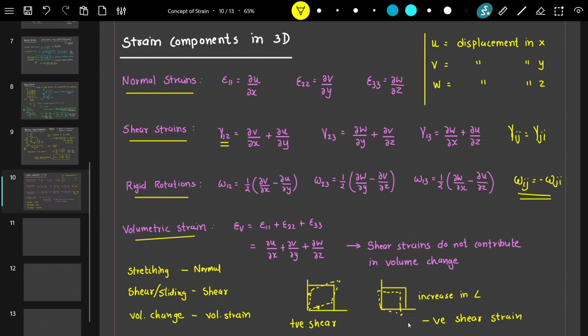And this is very helpful when you do post processing of FEA results. Okay, it will help you to understand how the shape changes, how it looks, and whether it's positive or negative.